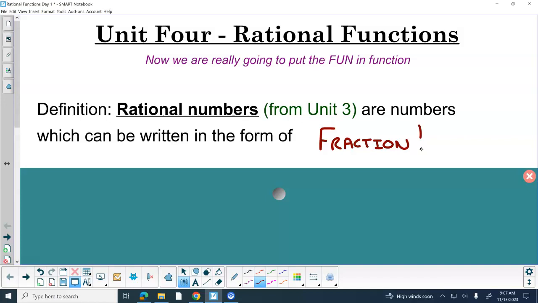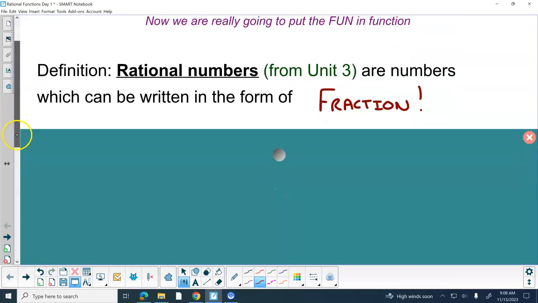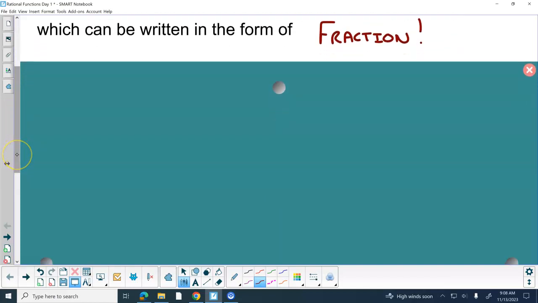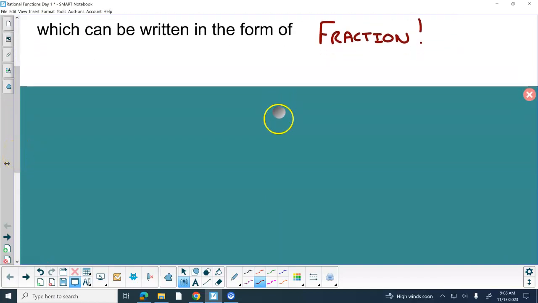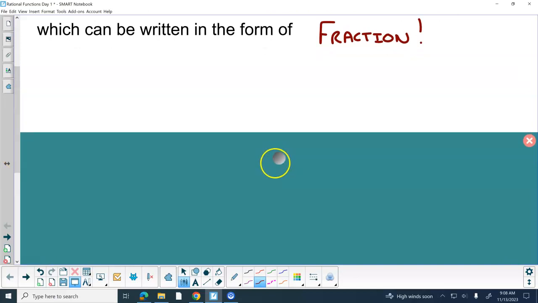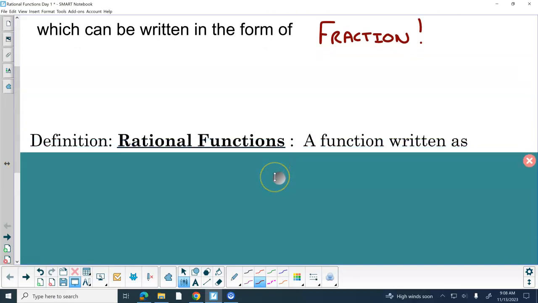So let's use that logic now to figure out what a rational function is going to be. What do you think a rational function will be if a rational number is a number that can be written in the form of a fraction?